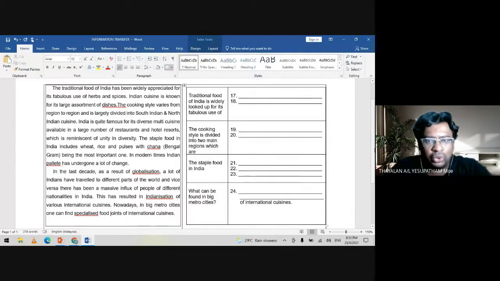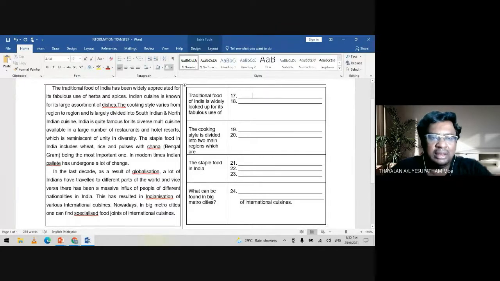As you know, reading is equally important for your PT3 as well as SPM. So you need to make extra effort to pronounce words properly. Look at certain words that I pronounce and then try to imbibe the pronunciation. Now, the traditional food of India has been widely appreciated for its fabulous use of herbs and spices.